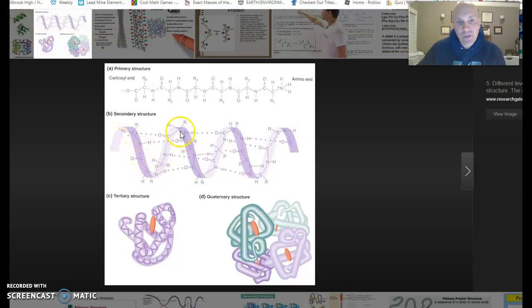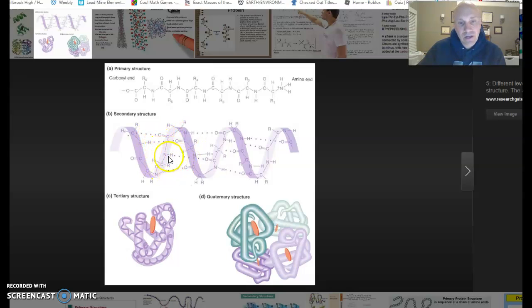One of the primary ones is what's called an alpha helix. Here is the chain of amino acids, winding around like a corkscrew. One thing that can happen is that the carbonyl of an amino acid can hydrogen bond to the NH group of an amino acid several amino acids away from it. You can see all these dotted bonds.